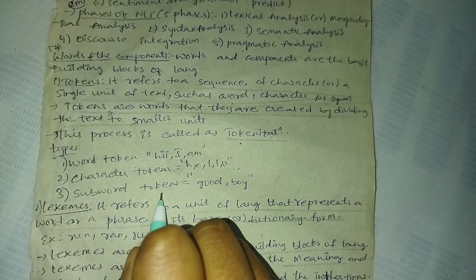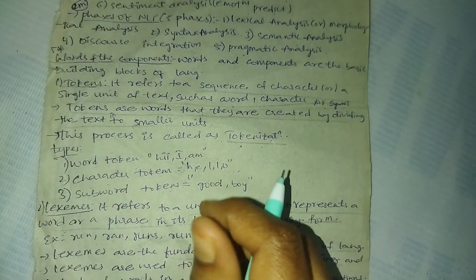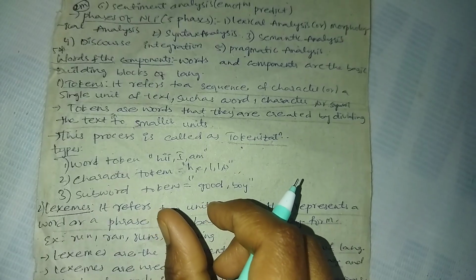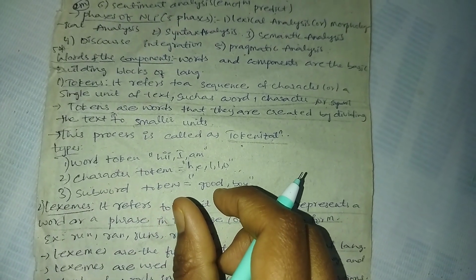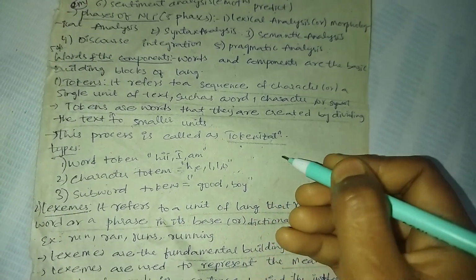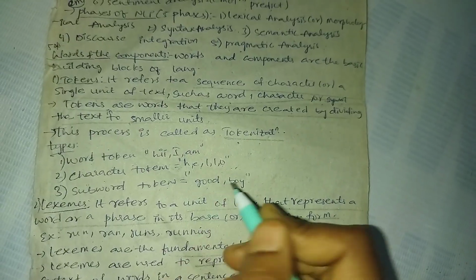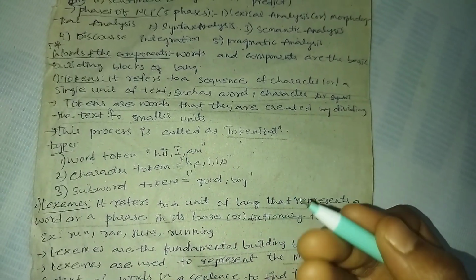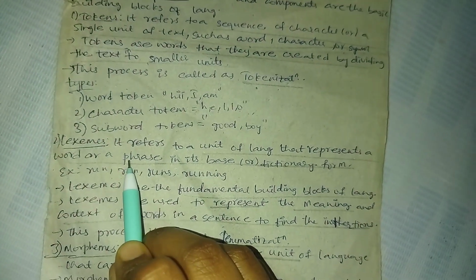Subword token is the process of taking small words or a subpart of a word. Like in "he is a good boy", good is a token, he is a token, boy is a token, like that. Another type is lexeme.